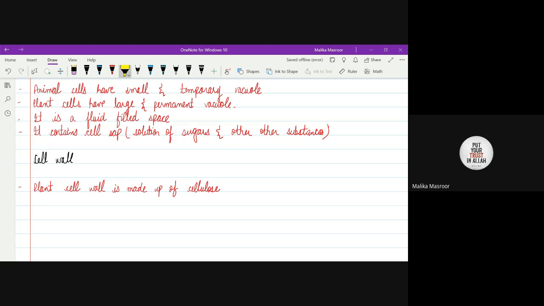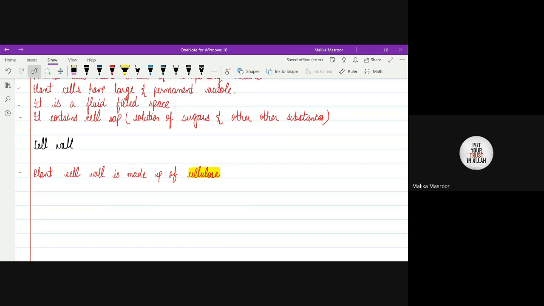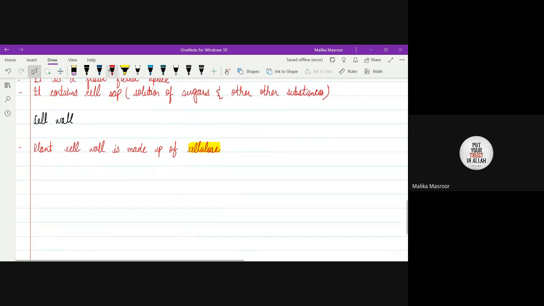Please remember this. Fungal cell wall is made up of chitin. Plant cell wall is made up of cellulose. Bacterial cell wall is made up of peptidoglycan. Cellulose belongs to a group of polysaccharides, and it forms fibers which crisscross on top of one another to form a very strong covering around the cell.